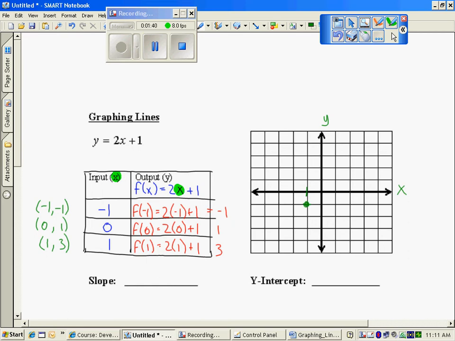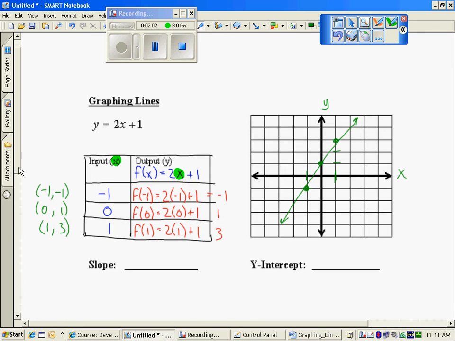So here's my first ordered pair. 0, 1. 0 in x, +1 in y. 1 in x, and +3 in y. Now if you notice, if I continued this, it has a constant change to it. And I'm going to go ahead and connect those dots, and I just formed a line.